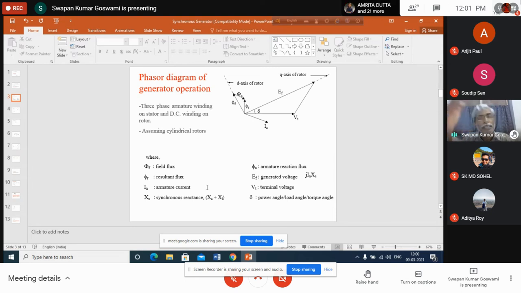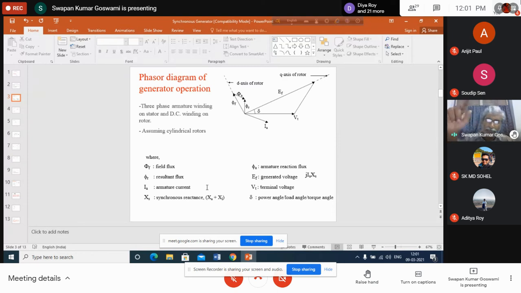But we have not done this by changing the speed of the generator. That's why active power will not change. So delta will change, but active power will not change. Why? Because we have not given any additional active power. If no additional active power is given as input, where will this active power come from? Active power cannot change because we have not changed the value of input power.